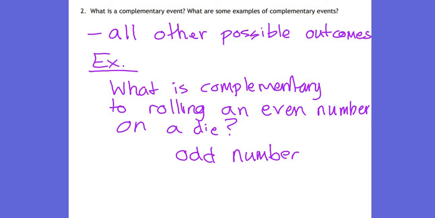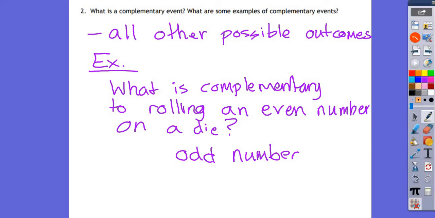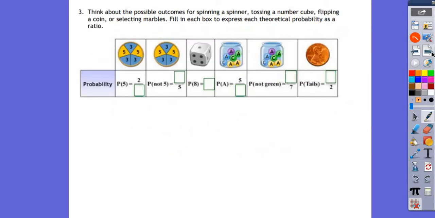All right. Moving on to 3. We have some different experiments that I could do here, but we're wanting to find the theoretical probability. So this first one, I'm looking for the probability of 5.